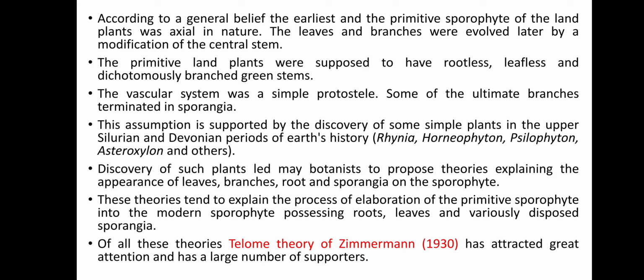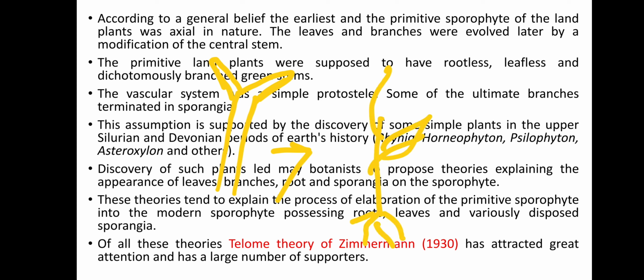That means the botanists thought that the earliest plant was a simple axis or a dichotomy, but it lacked leaf, root and stem. Later on, the modern sporophyte has roots, leaves and stem. There are many theories developed by many scientists to explain this modification, elaboration or evolution.